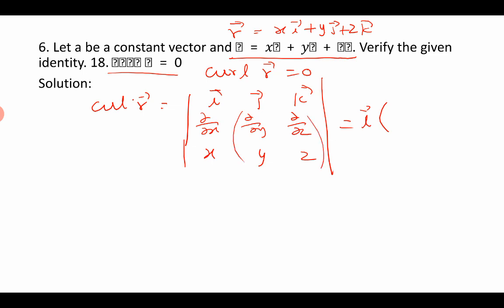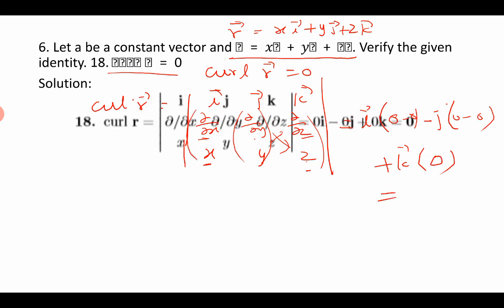When you differentiate, z with respect to y is 0, and y with respect to z is again 0, minus j vector, dou x, and this is 0, minus dou z with x with respect to z is 0, plus k vector, these 4 elements, again 0. So the answer is 0.